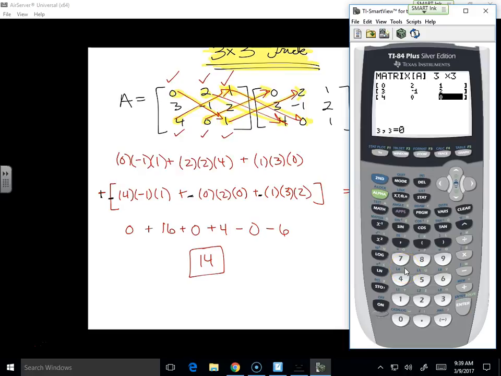There we go. Go to our second matrix, go to our math. Determinant of, go to our matrix, check out A.